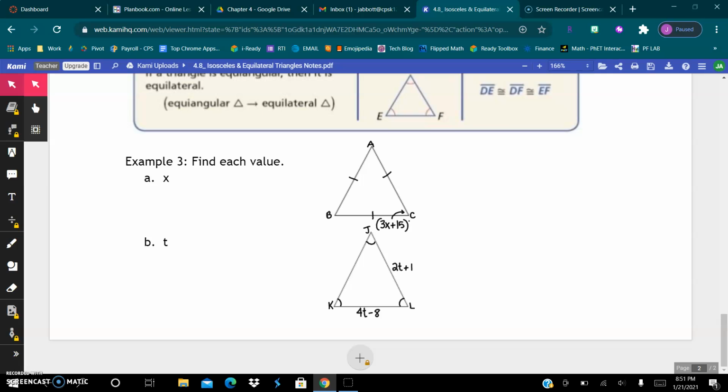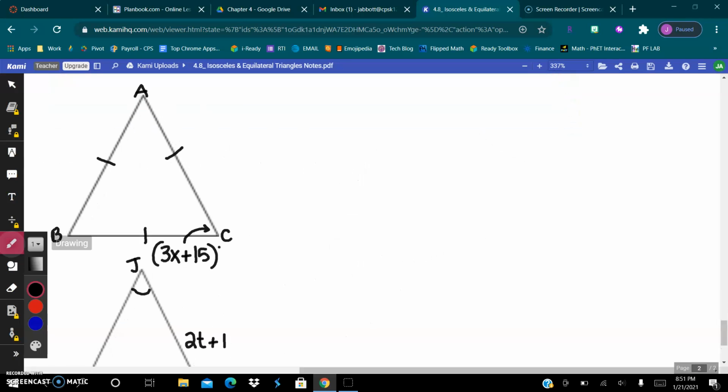So for example 3 here, we have to find each value. So they're asking us to find the value of x. So it's given in our picture here that the three sides are equal, which means the angles are all equal to 60 degrees because they have to equal 180, and 180 divided by 3 would be 60. So I know that this 3x plus 15 has to be 60.